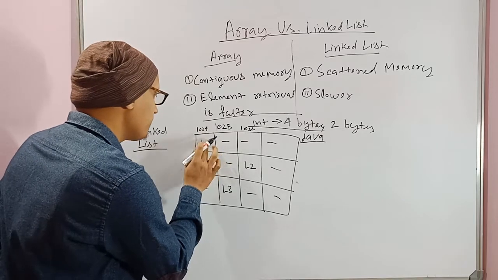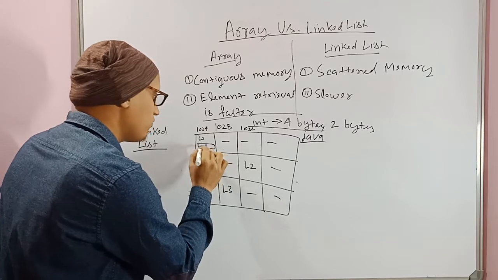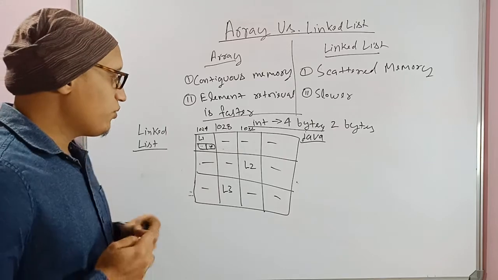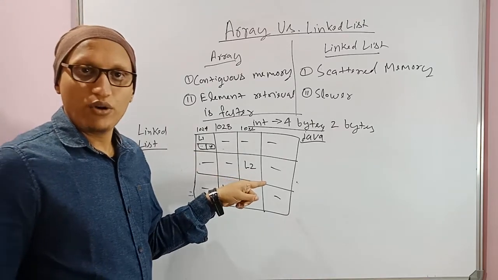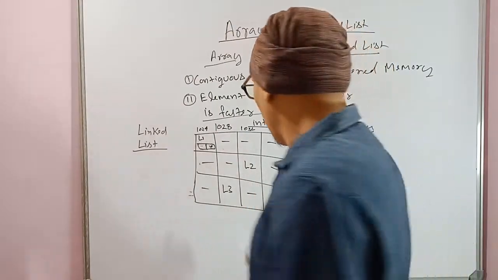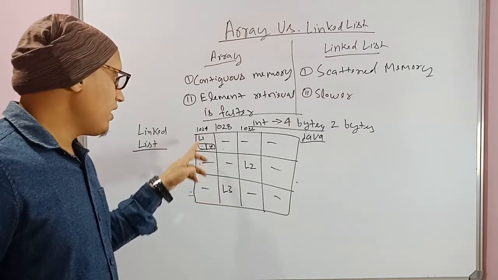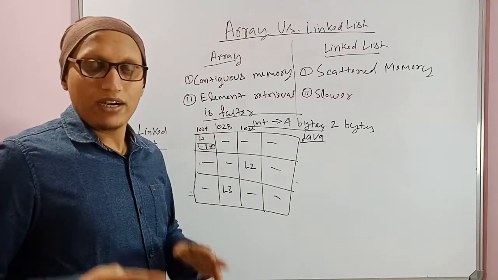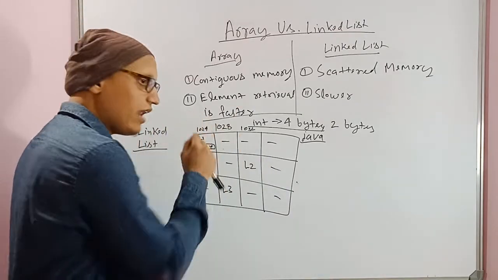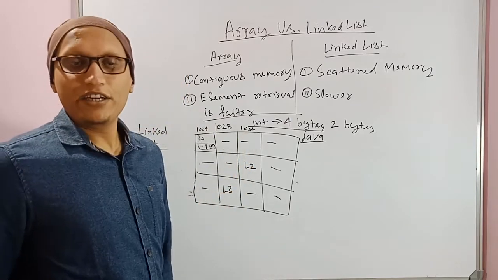First I will come here, where the first part is data and the second is the memory address. Then I have to locate the next memory location, go to L2, and after that go to L3. So from L1 we cannot calculate at all where the next memory location is. We have to visit the next element, then from that visit the next element, L3.